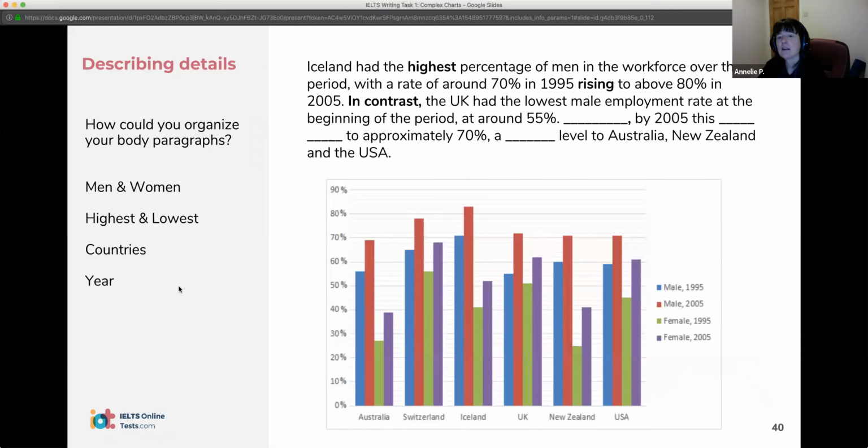So the UK had the lowest male employment rate at the beginning of the period at around 55%. Okay, yeah, here. So 55%, but then we're at 70%. Okay, it's the beginning of a new sentence, so we don't want to use and.